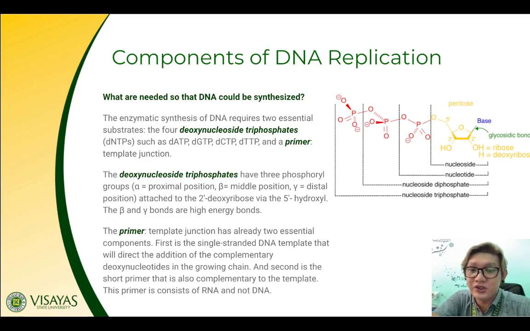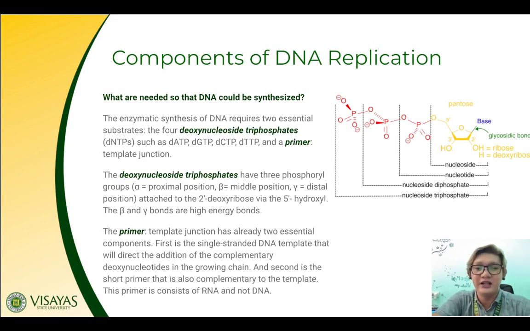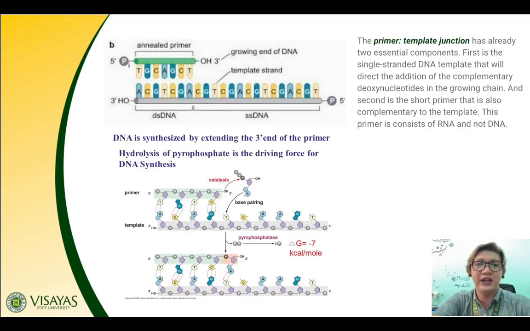The primer-template junction has two essential components. First is a single-stranded DNA template that will direct the addition of the complementary nucleotide to the growing chain. The second is a short primer that is complementary to the template. So the components of a primer-template junction are the single-stranded DNA template, which directs the addition of the complementary strand.